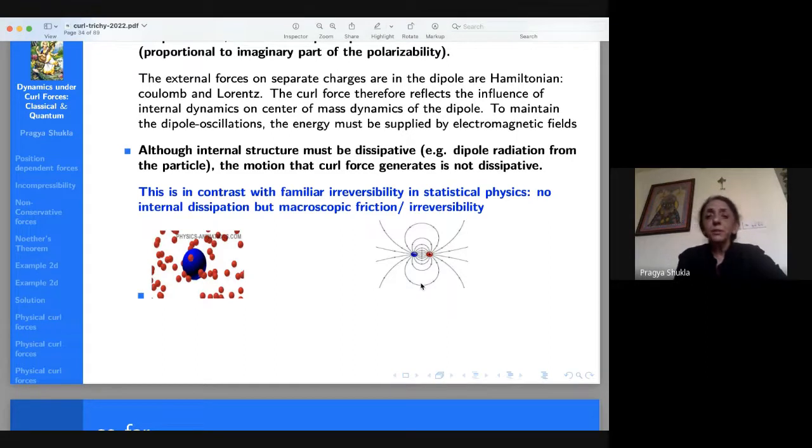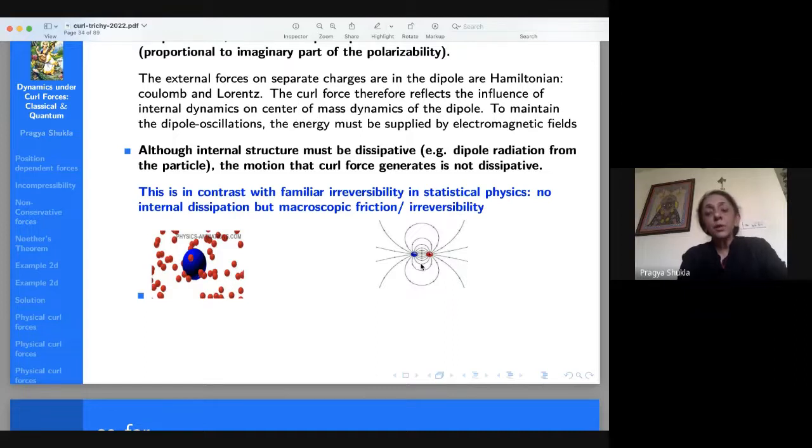And this question is important because let us not forget that the macroscopic irreversibility considerations in Brownian dynamics are also connected to very important ideas of increase of entropy and arrow of time and those kinds of questions. So I am now telling you another fundamental aspect of these curl forces, especially in the context of optical cases: an internal dynamics which corresponds to microscopic irreversibility is needed for effective forces to appear as curl forces.